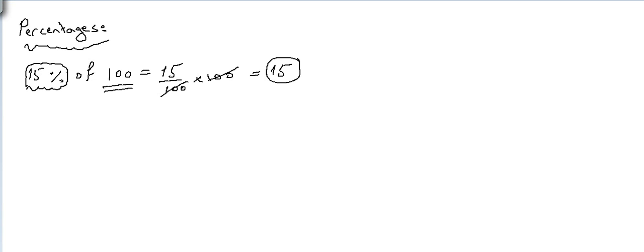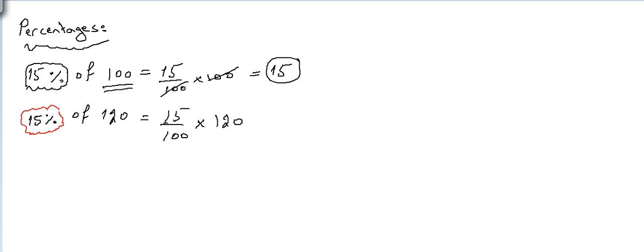So that's why this one was easy. Let's do another example, like 15% of 120. I'm trying to make a formula for 15%. 15% of 120 is 15 divided by 100 times 120.